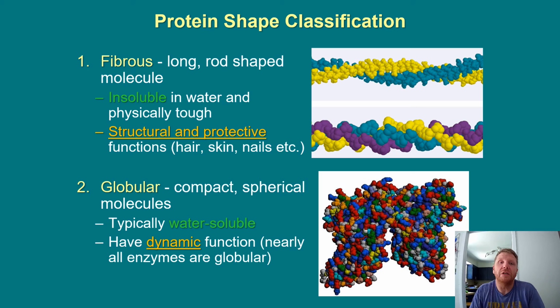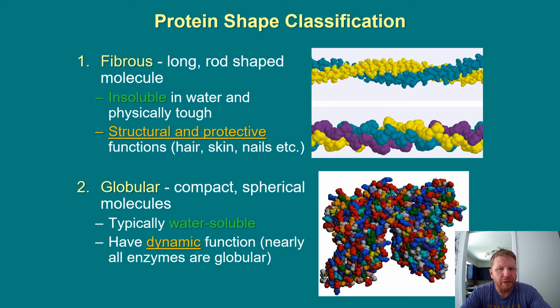Now, protein shape classification falls into 2 major categories, and those major categories are fibrous proteins and globular proteins. Fibrous proteins are generally going to be insoluble in water, and they're a little bit more predictable and well-defined. They play structural and protective functions. For instance, keratin and collagen are both fibrous proteins.